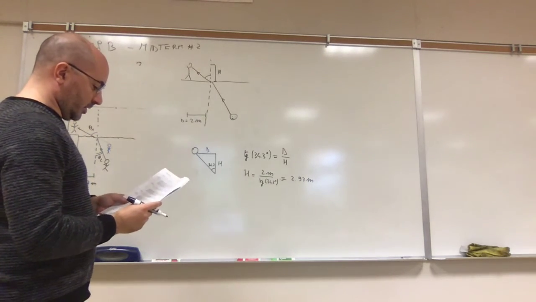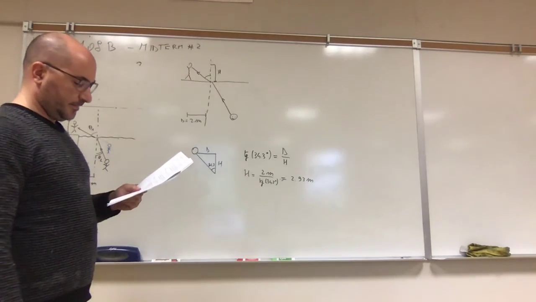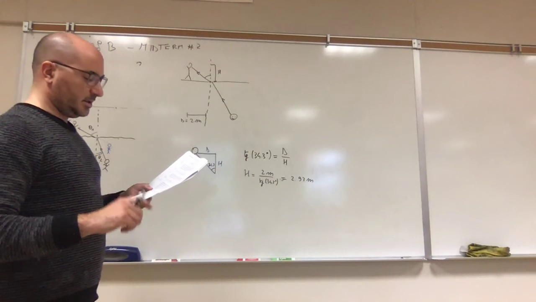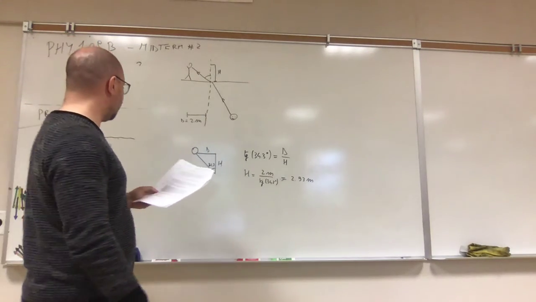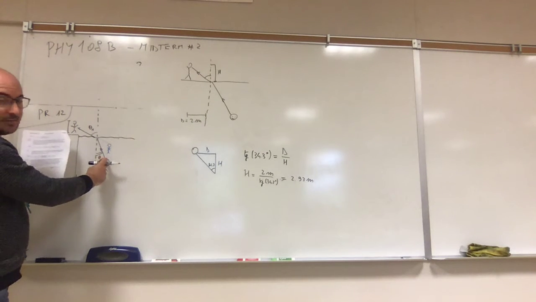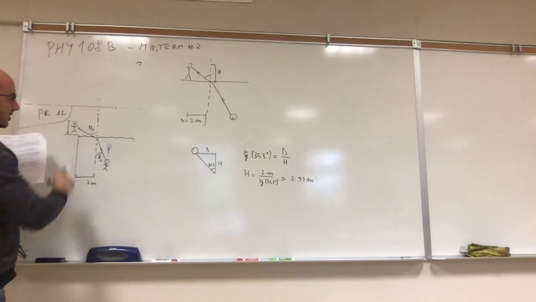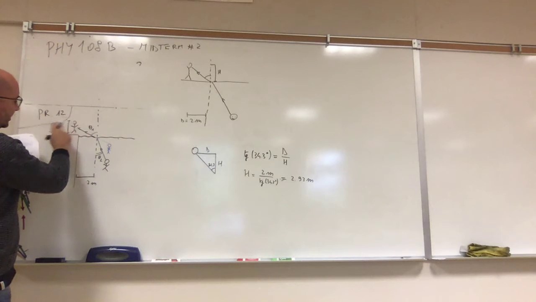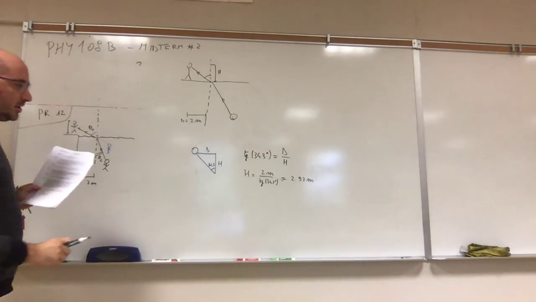The second part of this question is find the apparent depth of the diver's head below water as seen by the instructor, assuming that the diver and the diver's image are the same horizontal distance from the normal. What does it mean? We go back to this diagram here. The ray of light that comes from the diver hits the water and gets distorted, which means that the person outside sees the diver from a different position. I mark it here in blue.